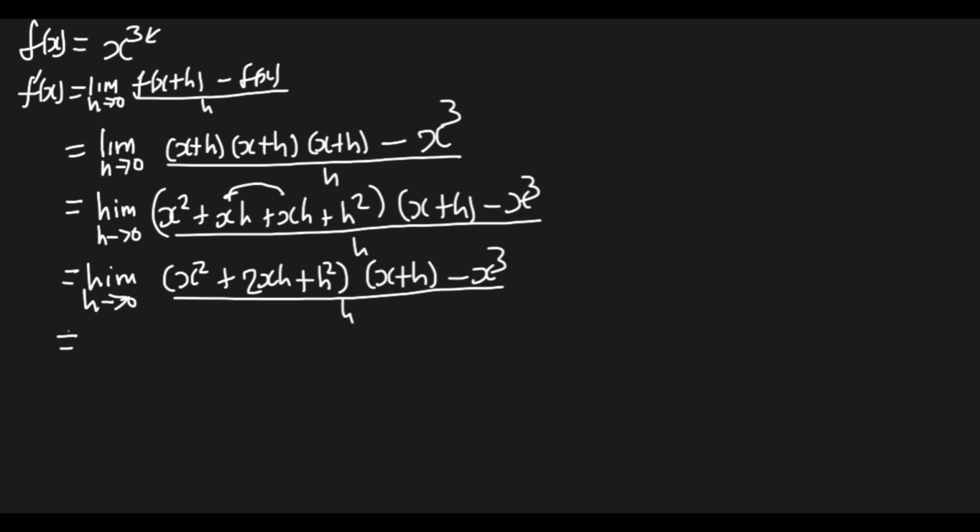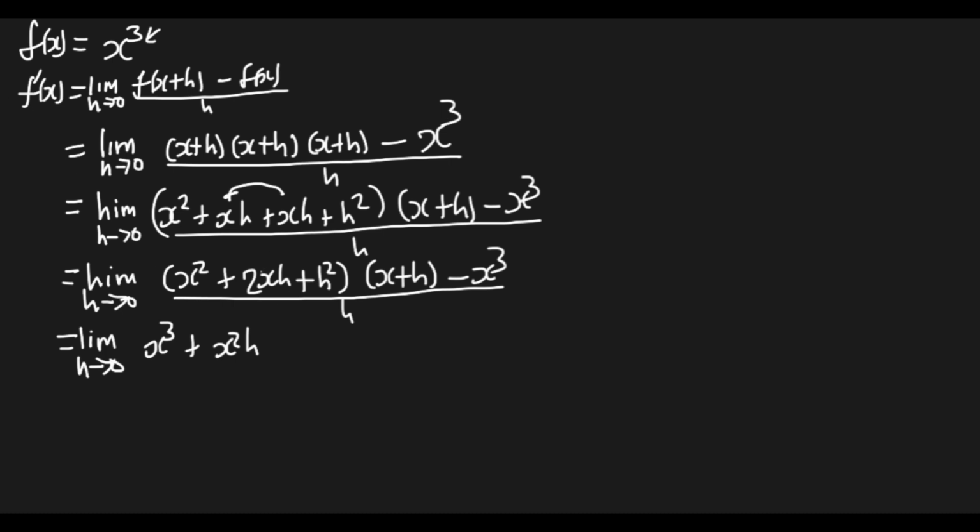Then we are going to now first FOIL these 2 brackets. So multiply x times this x is x cubed plus x squared times h is x squared h.